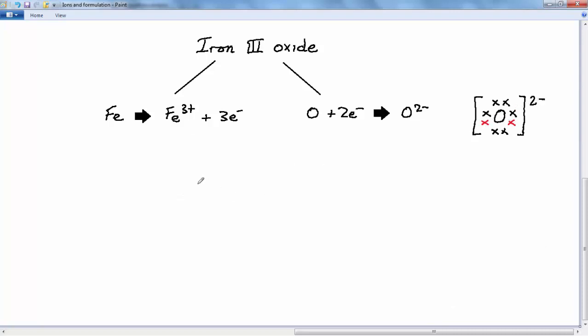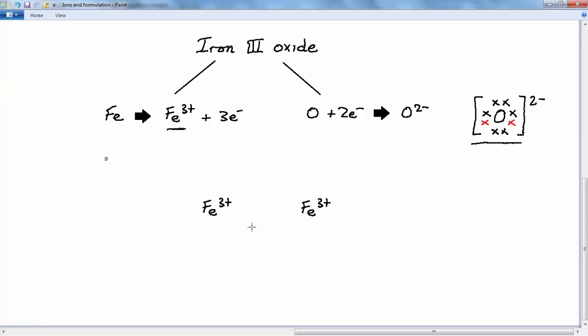Now, how can the Fe3+ ion from the iron and the O2- ion from the oxygen combine to form a neutral compound? Well, there's only one way they can do that, and we're going to represent it like this. So we're going to need 2 Fe3+ ions.